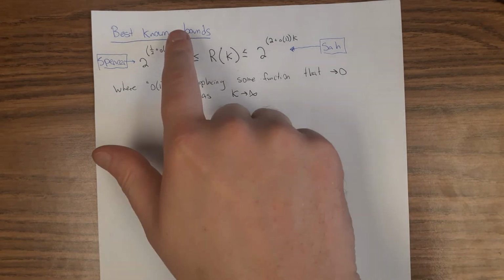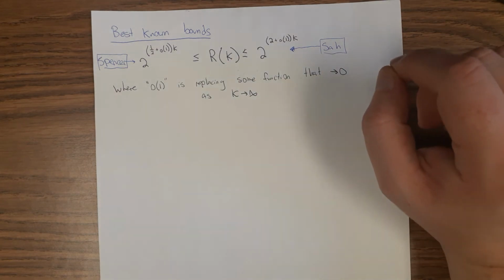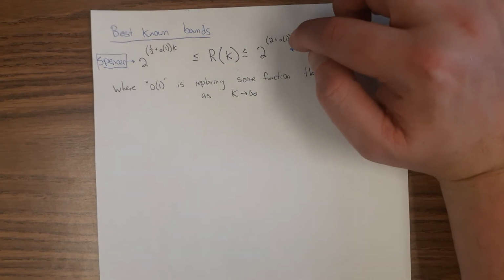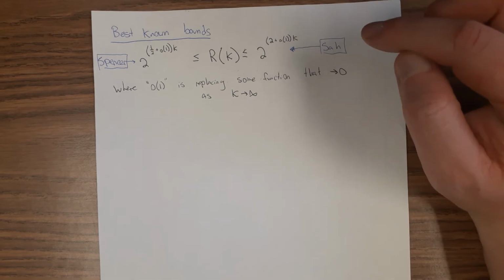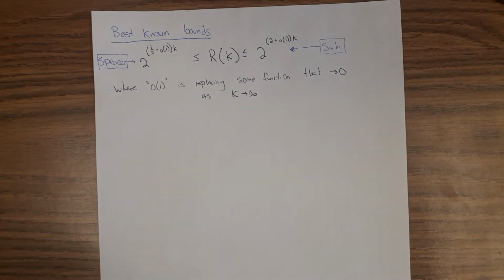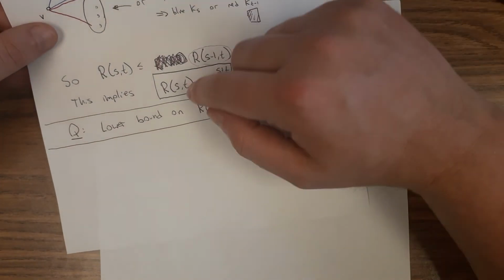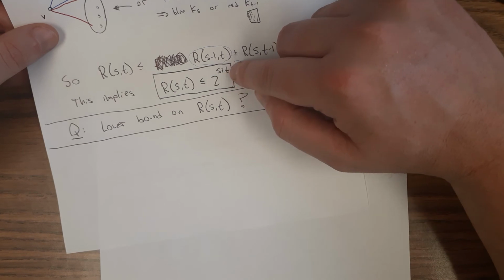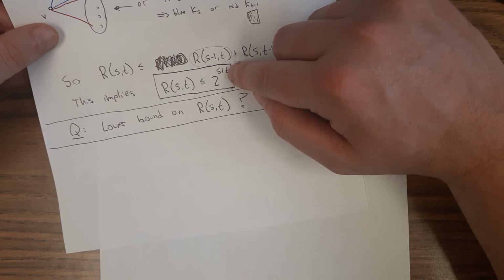The upper bound we proved is that r of s,t is less than or equal to 2 to the s plus t.